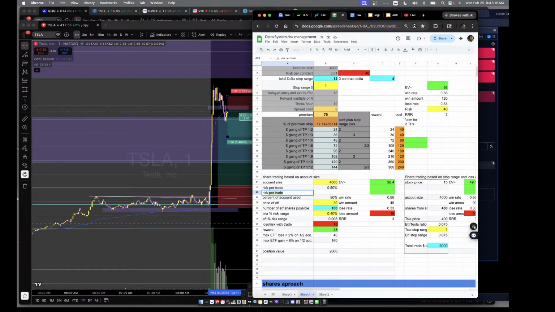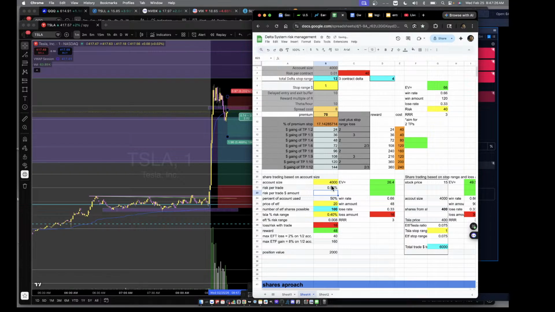Risk per trade dollar amount is simply... wait, what?